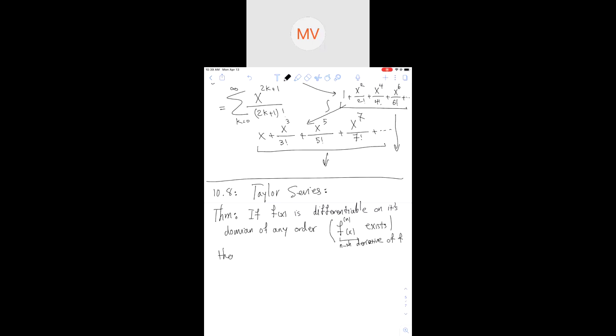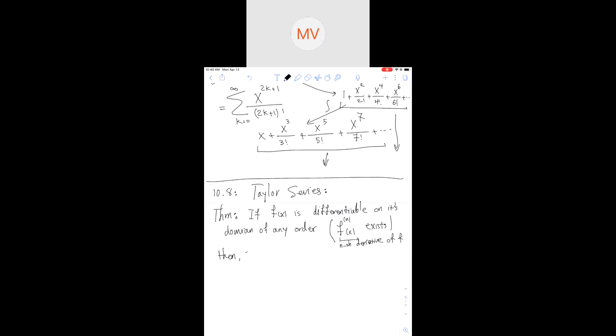Then f of x can be represented as... I have to add something here. That's okay, let me erase it. So let's erase that.